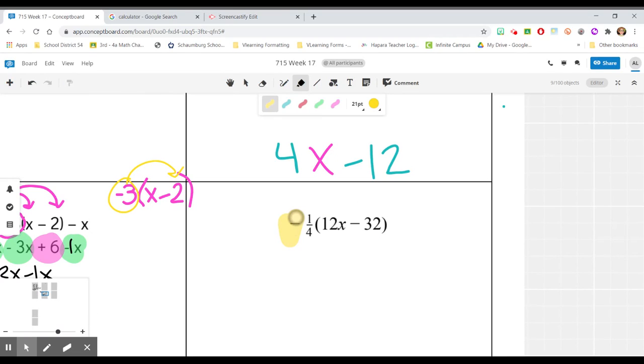In this case, we have a -1/4. So when we distribute that to this whole number, we have to remember we have a negative times a positive. And then when we distribute this -1/4 to this number here, we're distributing it to this -32. So we have to be very careful here to make sure we're distributing correctly. So let me do my work off to the side here.